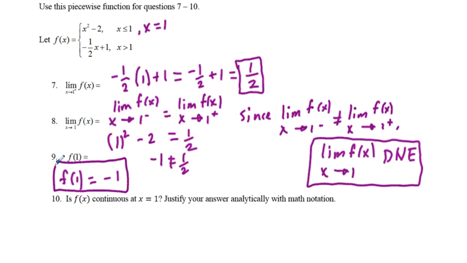And then 10 is f of x continuous at x equals 1. Justify your answer analytically with math notation. Okay, for continuity, condition 1 exists, but condition 2 does not.